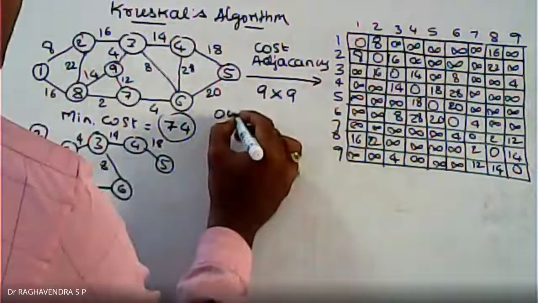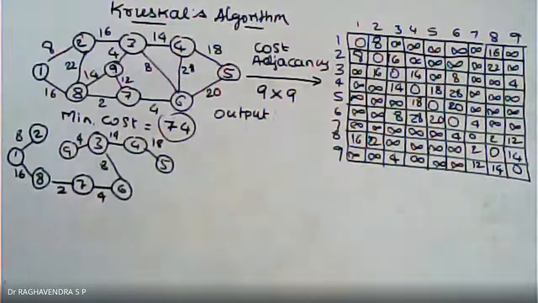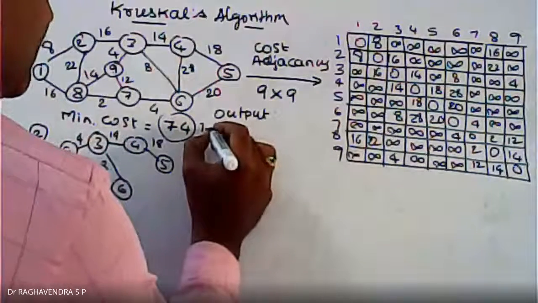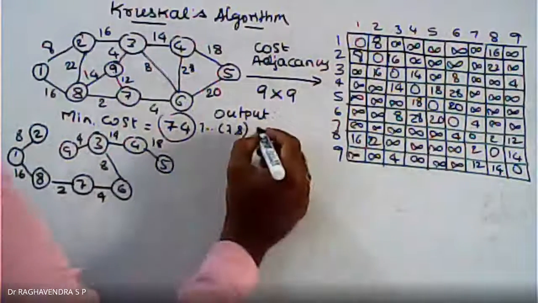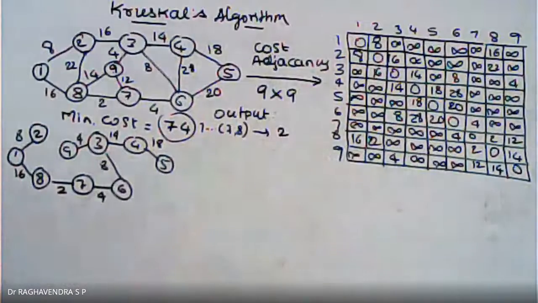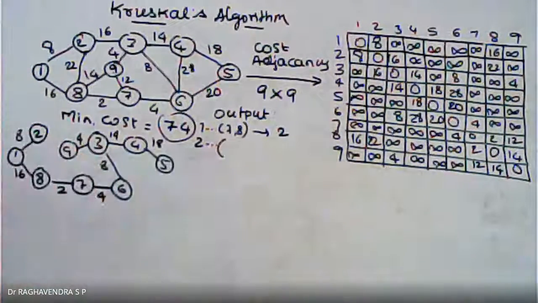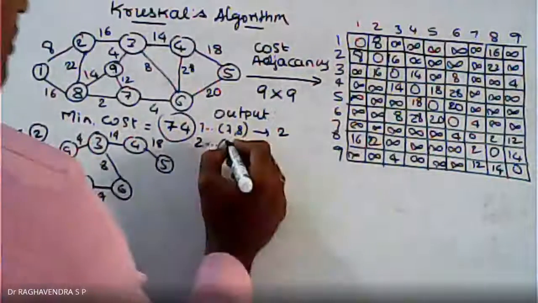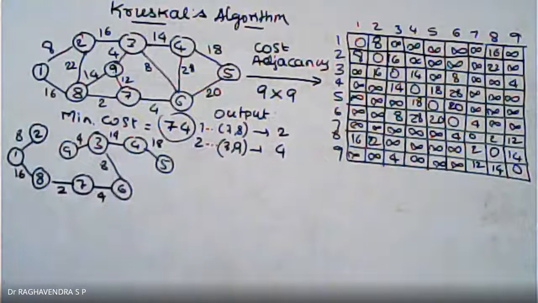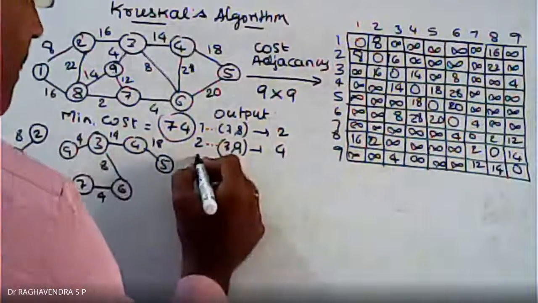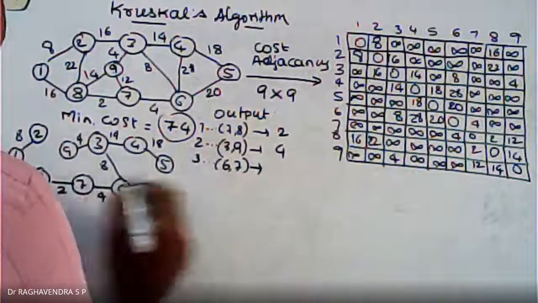The output will be like this. 7 to 8 is the first hit, the cost is 2. The second hit is 3 to 9, 4. Then the third one is 6 to 7, which is 4 again.